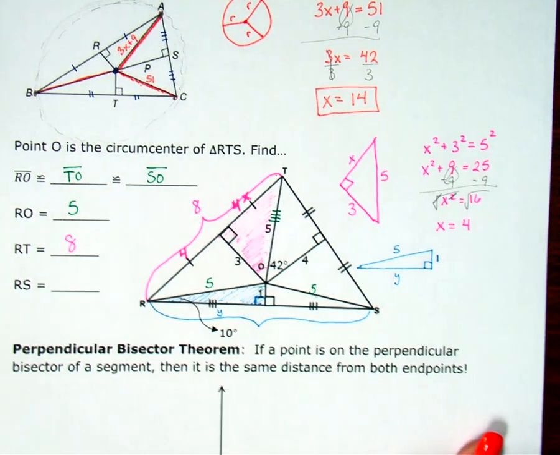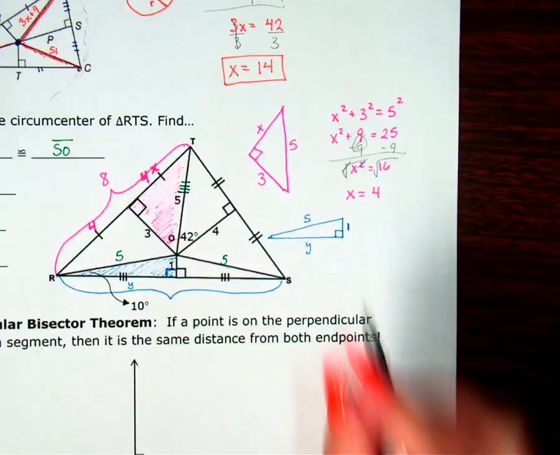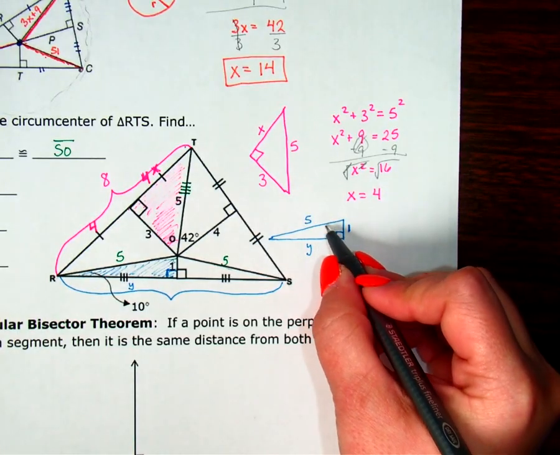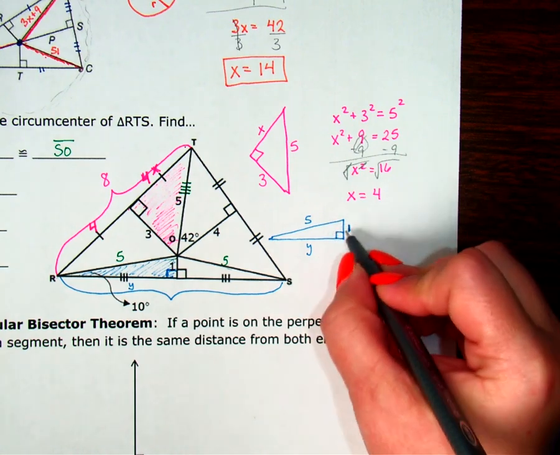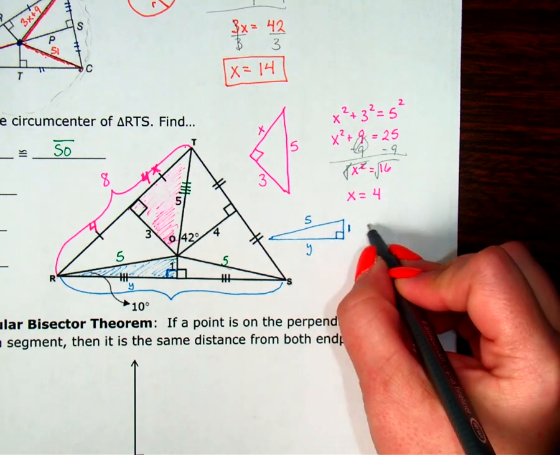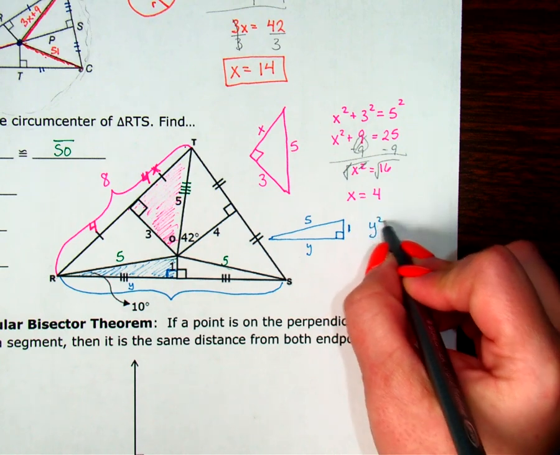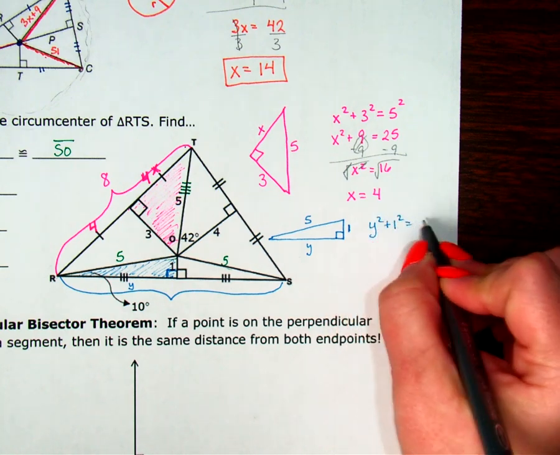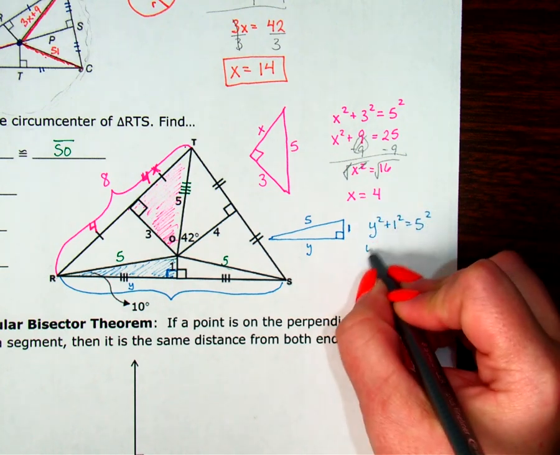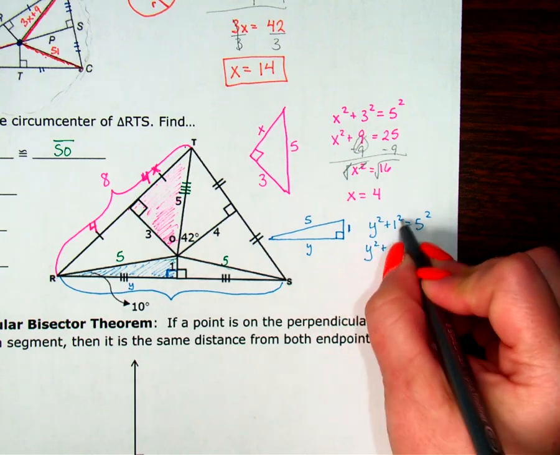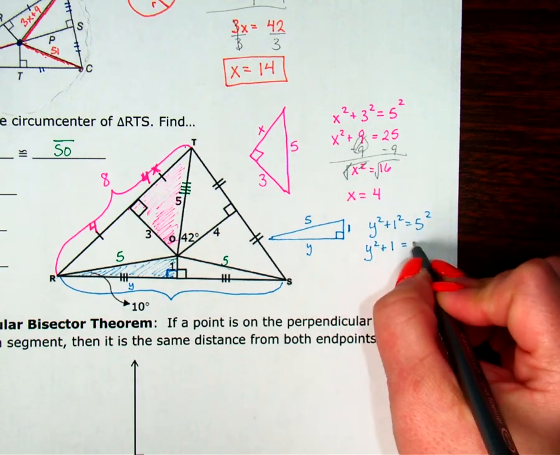So I'm trying to find this piece here, y. All right, so across from the hypotenuse is 5, so that goes on the end. I'm going to have 1 squared, or y squared, you can start either place, plus 1 squared is going to equal 5 squared. Y squared plus 1 times 1 and 5 times 5.